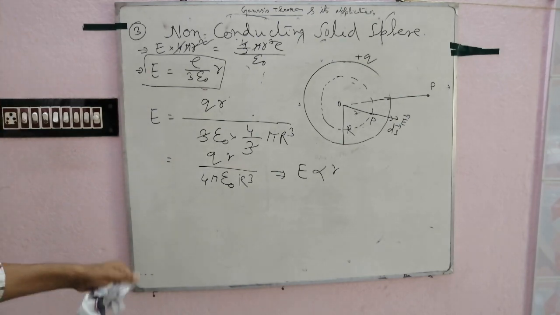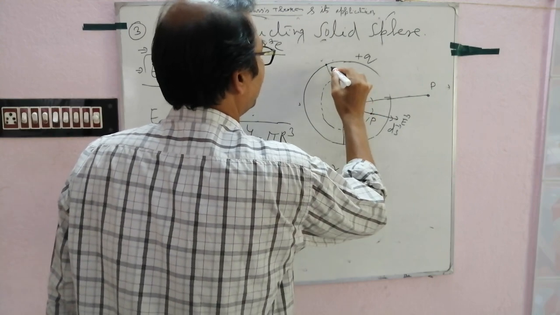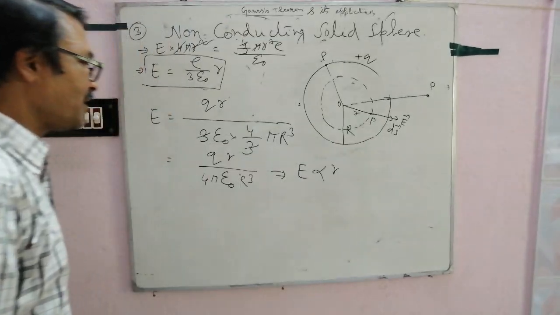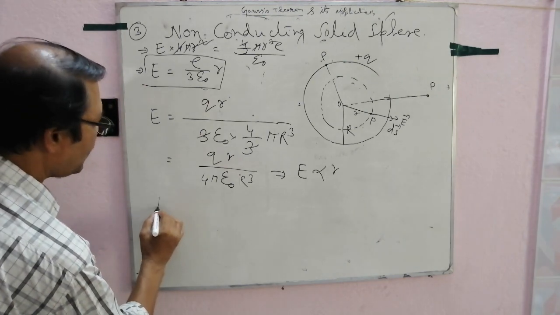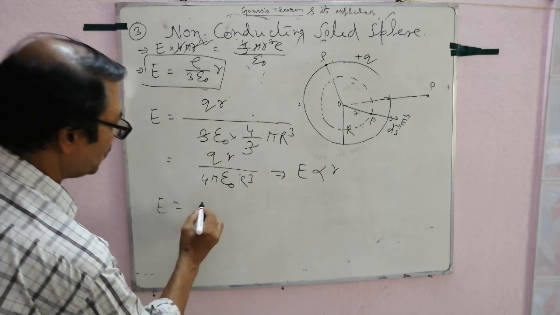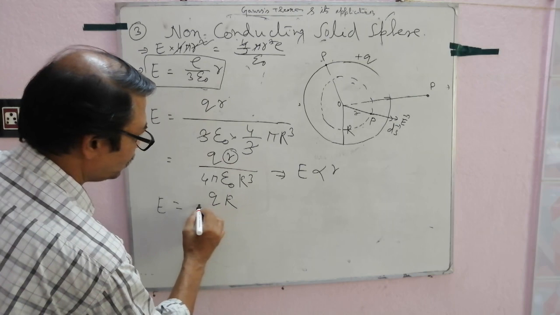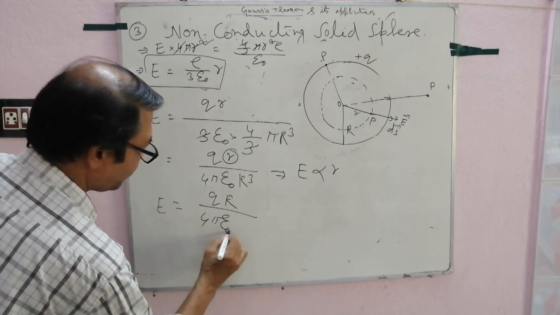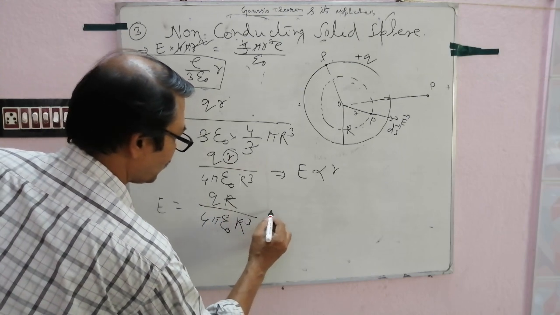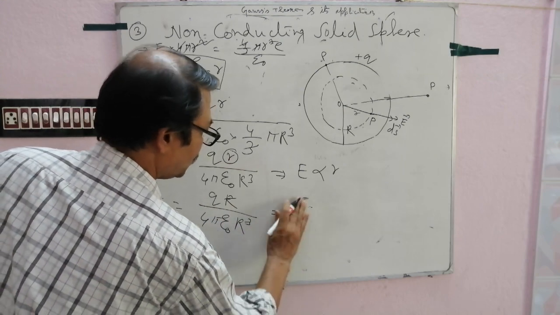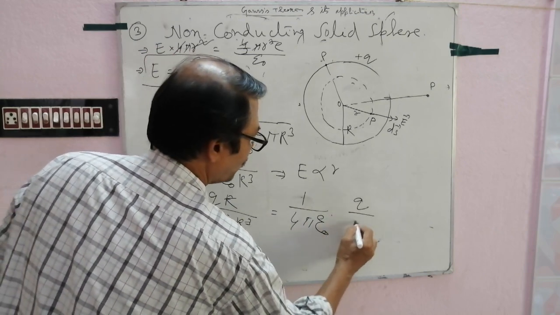Okay. If the point is on the surface, in the same way, E equal to, the value of r will be capital R, q R by 4 pi epsilon naught R cube, that is 1 by 4 pi epsilon naught into q by R square.